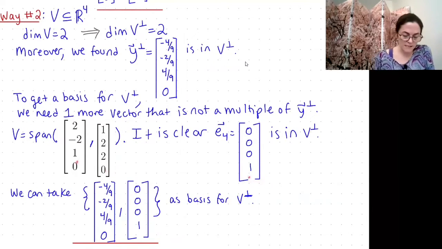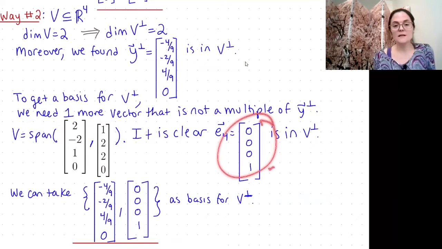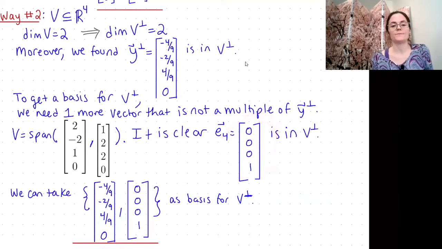Because you dot product it with this basis element, you get 0. Dot product with this basis element, you get 0. And that means if you dot product with any linear combination of those two, which is any vector in V, you will get 0. So this is a second vector just by looking at this basis for V, we realize this vector is in V perp. Okay, so then now we have a basis for V perp. We were looking for two linearly independent things in V perp, and I have given you two linearly independent things in V perp. This means we have a basis.